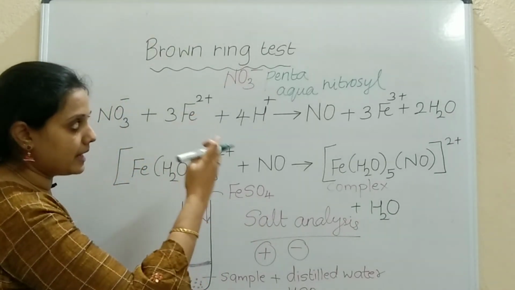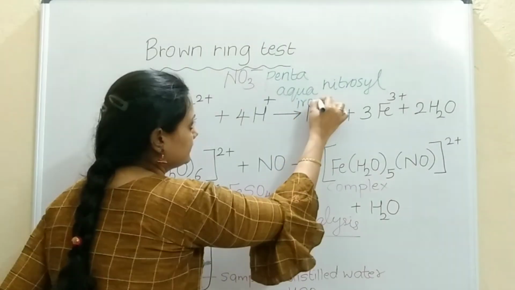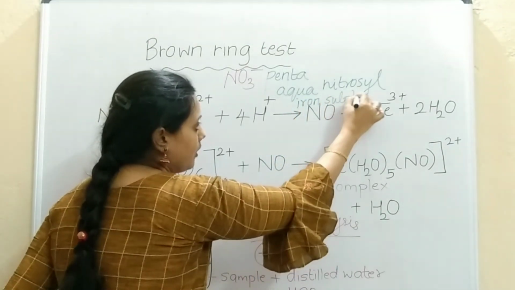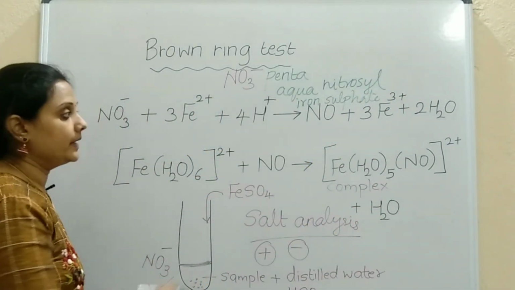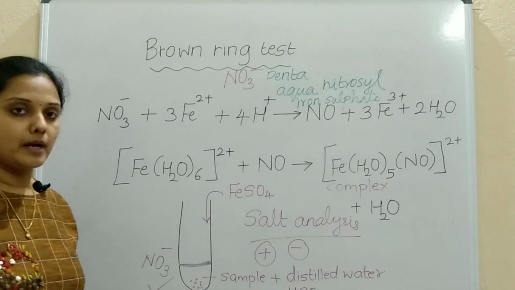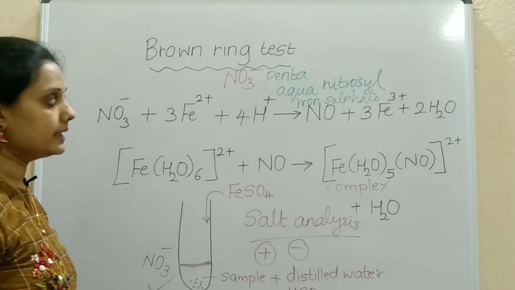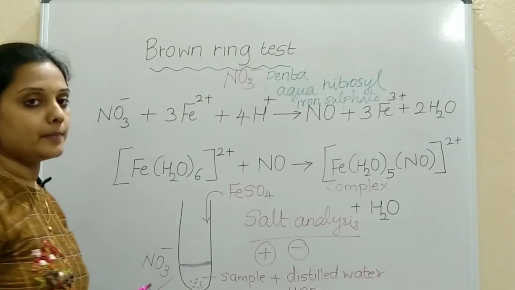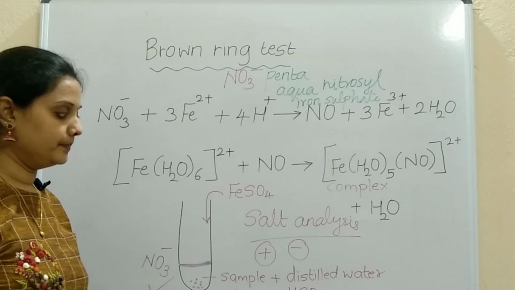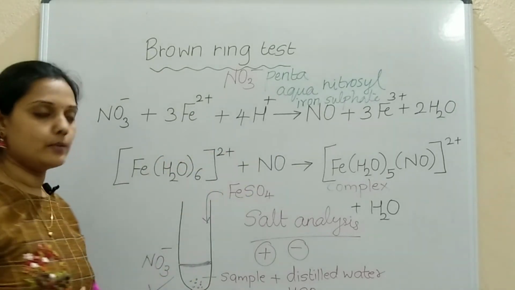So pentaaquanitrosyl iron(II) sulfate. So this is the formula of the brown ring substance which is formed, and this is the name of that brown ring substance. So this is how the brown ring test is conducted in the lab, and it's a practical based question. Just make a note of all these things and the equations also.